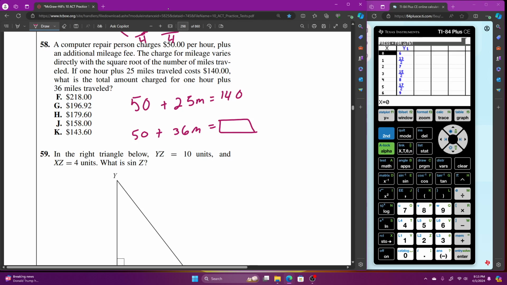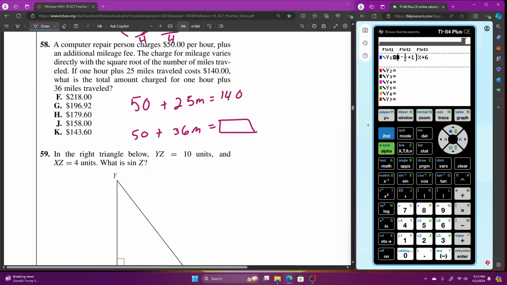So, we can graph it. Y equals, let me see. The square root of the number of miles traveled. Oh, because 25 and 36 are both perfect squares.